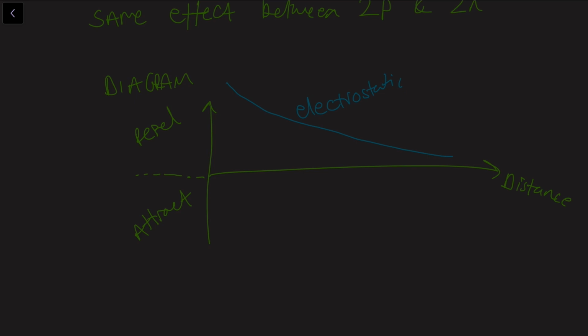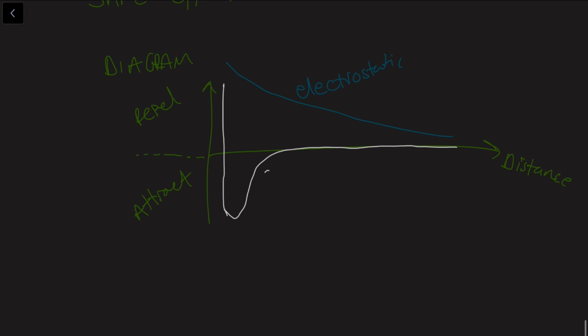Now we're going to draw the strong nuclear force. That goes down here, and then it comes up, and then very quickly it pretty much becomes 0. If you drew it to scale, it would be more like this, and this stays along 0 for the duration. And this is the strong nuclear force.